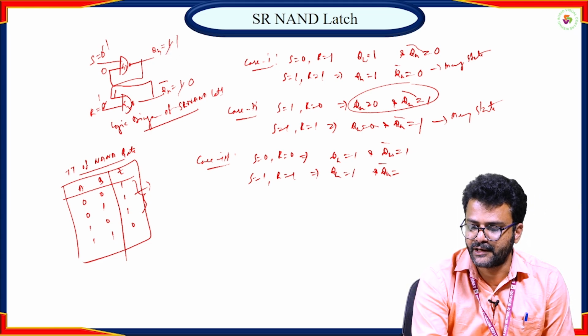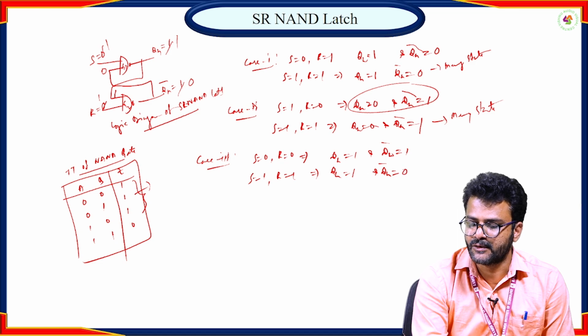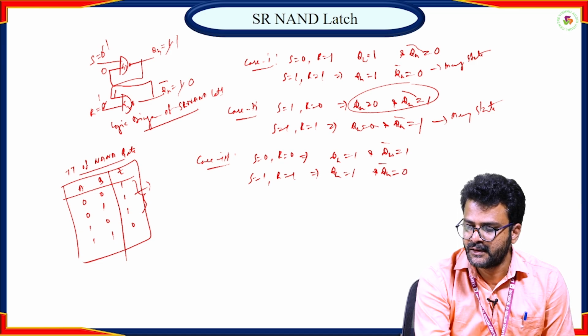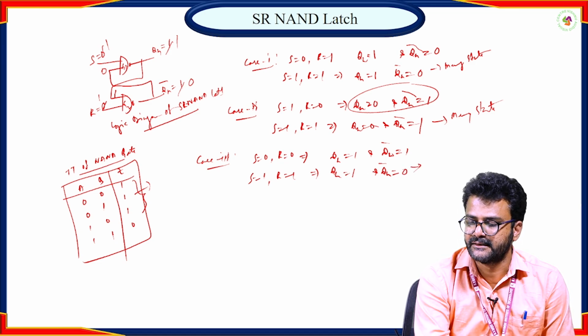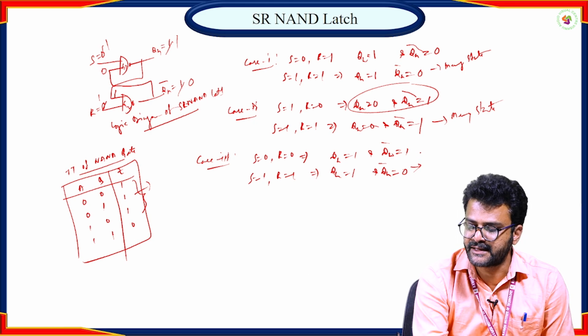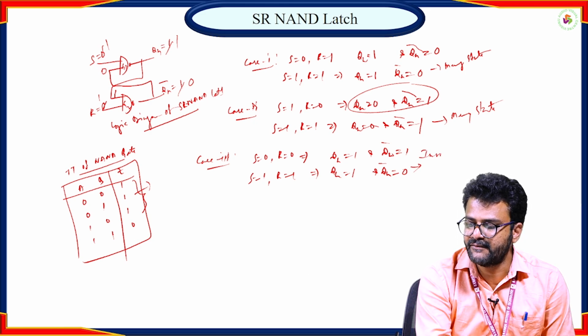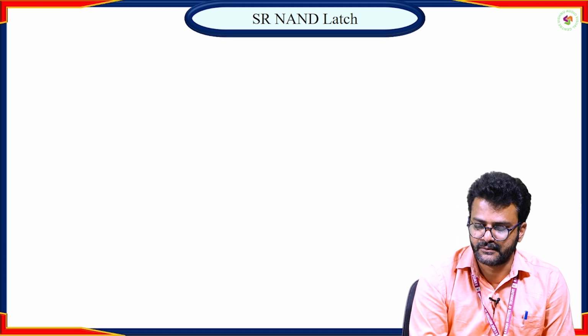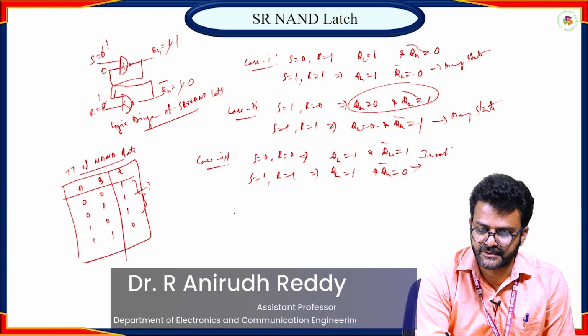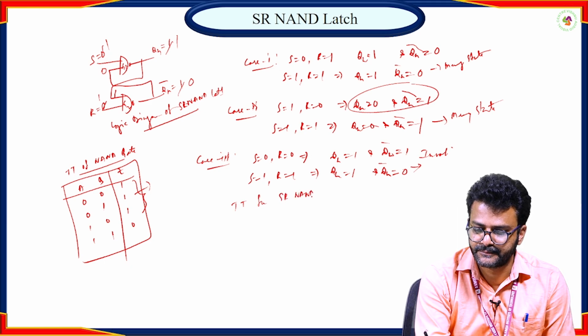So here we are getting Qn as 1, Qn bar as 0. But if you observe this scenario, there is a change in the data. So that's why this case, when S is equal to 0 and R is equal to 0, is an invalid case.